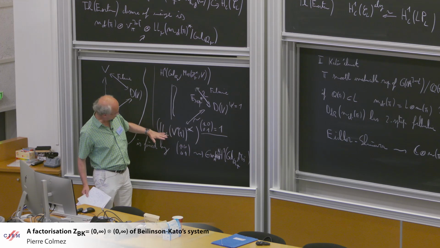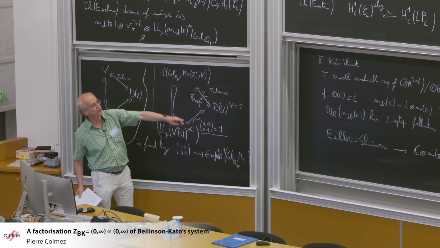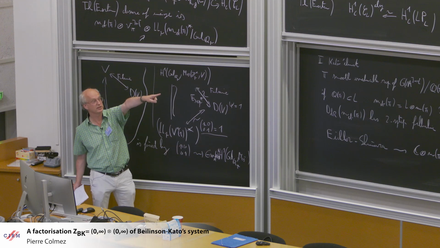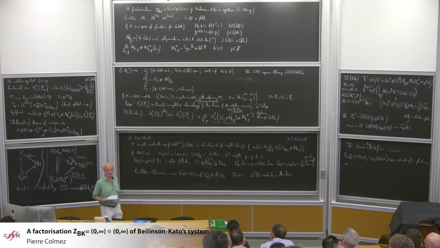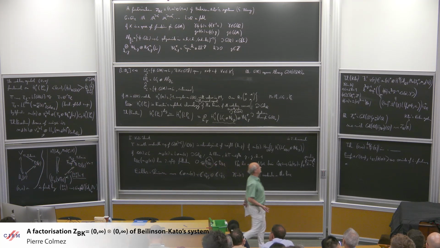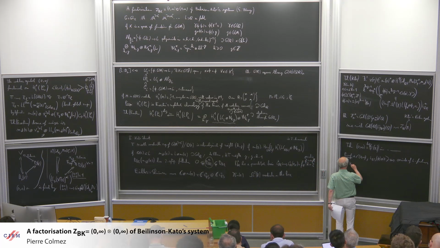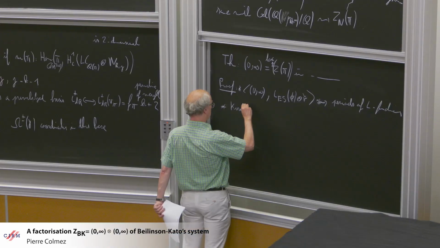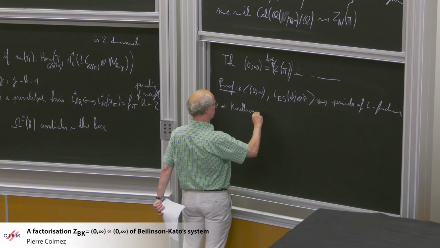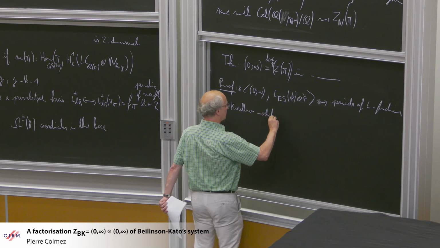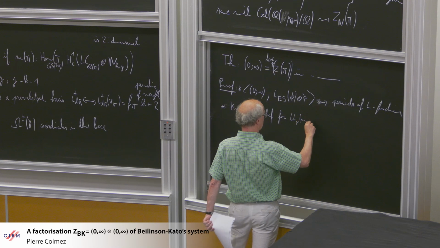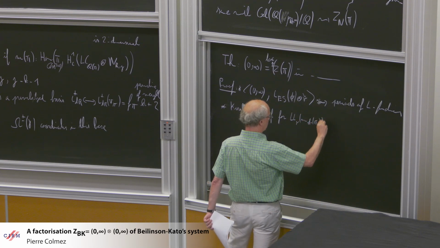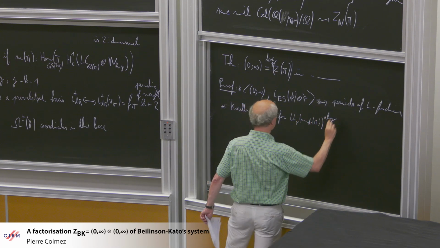You need a description of the locally algebraic vectors, which are exactly the elements that appear in the theorem of Kato. And for this, you need a Kirillov model for locally algebraic vectors. So you need the Kirillov model for LLP of M et al of pi, locally algebraic vectors.